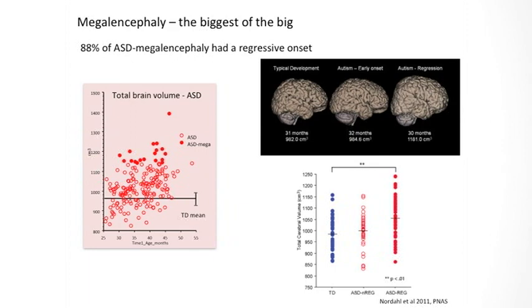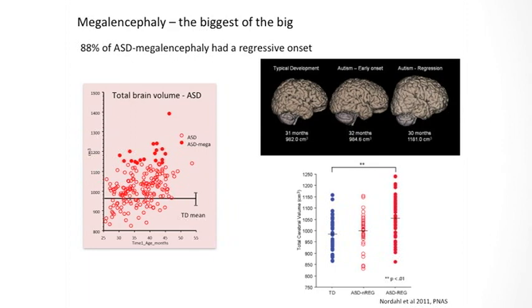So you know that some children with autism have a regressive onset, or so-called regressive, where they develop relatively normally in the first year of life, but then start to lose skills later on in the second year of life. And then there's children with early onset autism, who the parents report something was different from the very beginning. And what we wanted to look at was whether there was any sort of distinction in brain size between children who had a regressive onset and early onset.